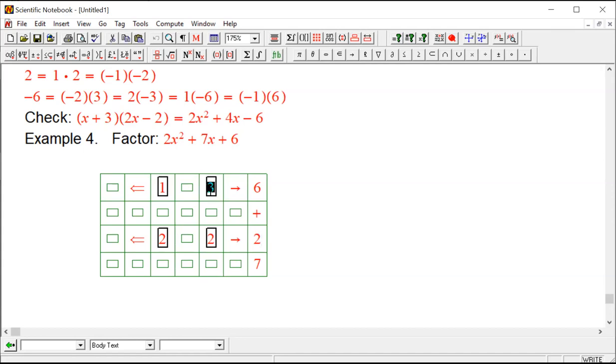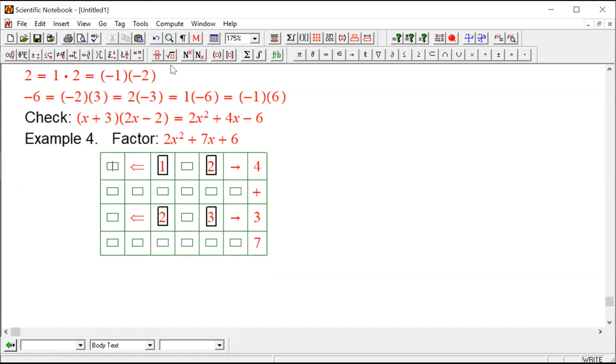How about 2 times 3? Then 2 times 2 is 4, 1 times 3 is 3, and 4 plus 3 equals 7. Yay, we found it. So let's compose the factors.